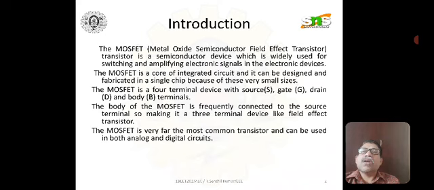It is a very common and prominent transistor utilized in both analog and digital electronic circuits also. Therefore, MOSFET is a prominent device in analog electronics, in digital electronics, and in power electronics. Therefore, the MOSFET is a very important topic for analog electronics also.